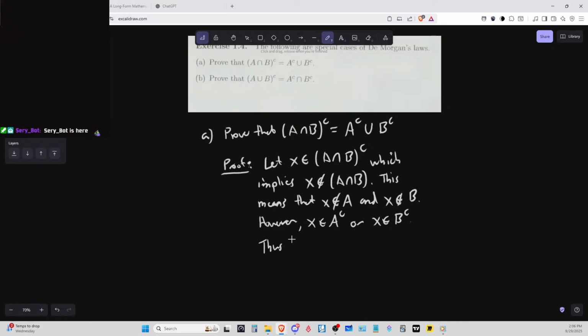Thus, x is an element of A complement union B complement.